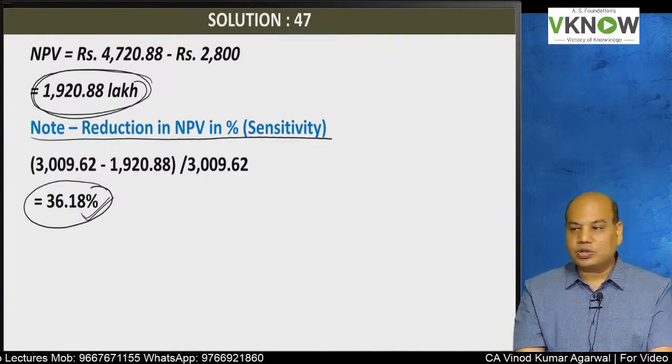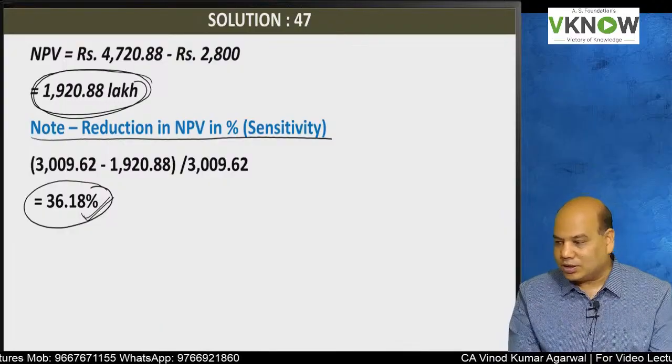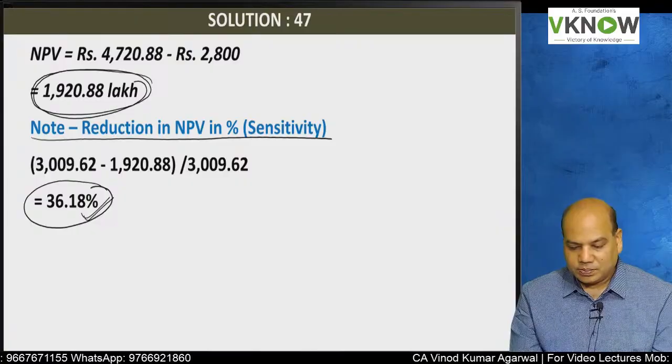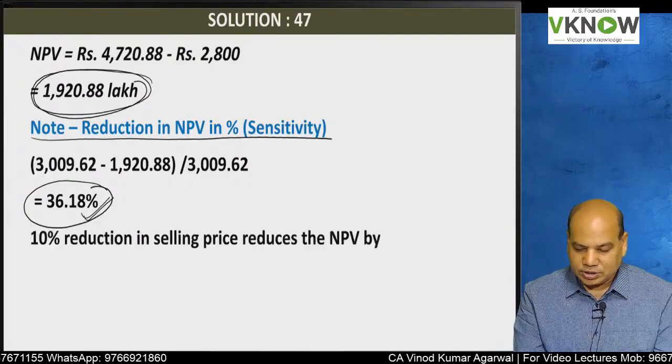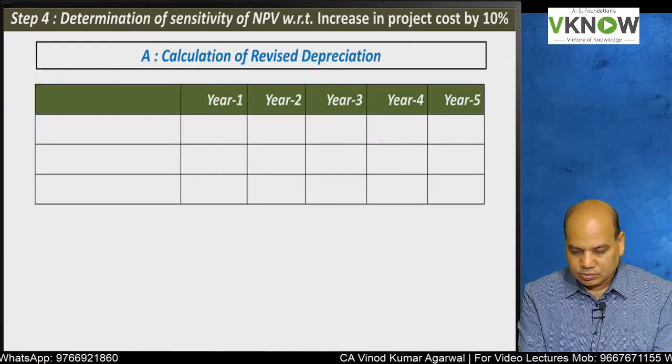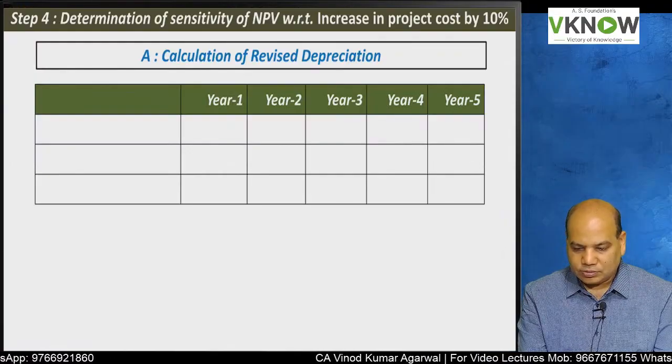Okay, so the same thing we have to do now. If the project cost increases by 10%, so what will happen to my depreciation? My depreciation will change. Write down step 4 now.